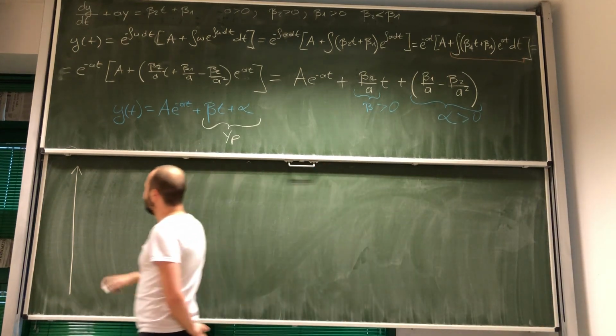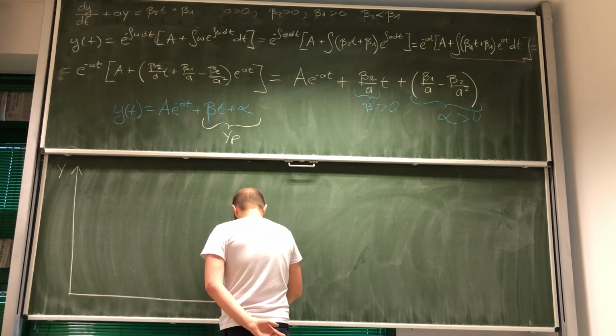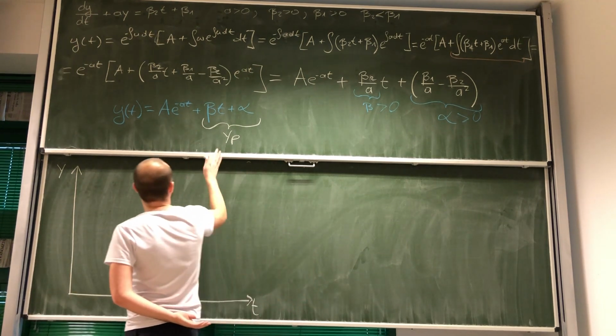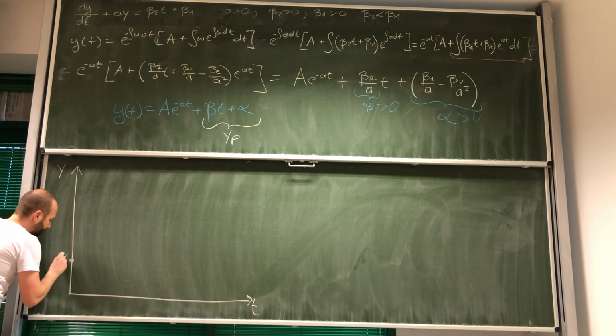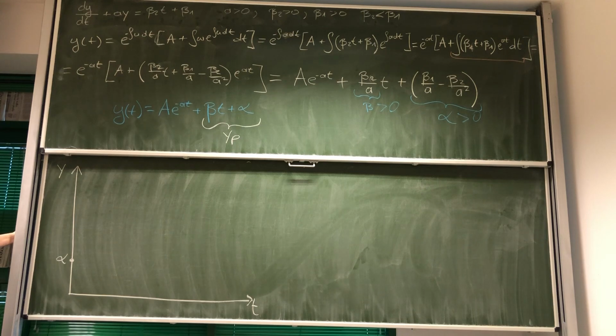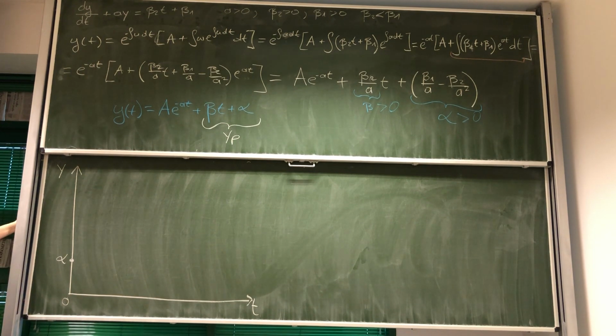If here we've got GDP, and here we have time, then how do I put this equation? Here I put alpha. We know that alpha is positive, and alpha is the GDP at the very beginning, at time 0. And then it increases at the constant rate beta.